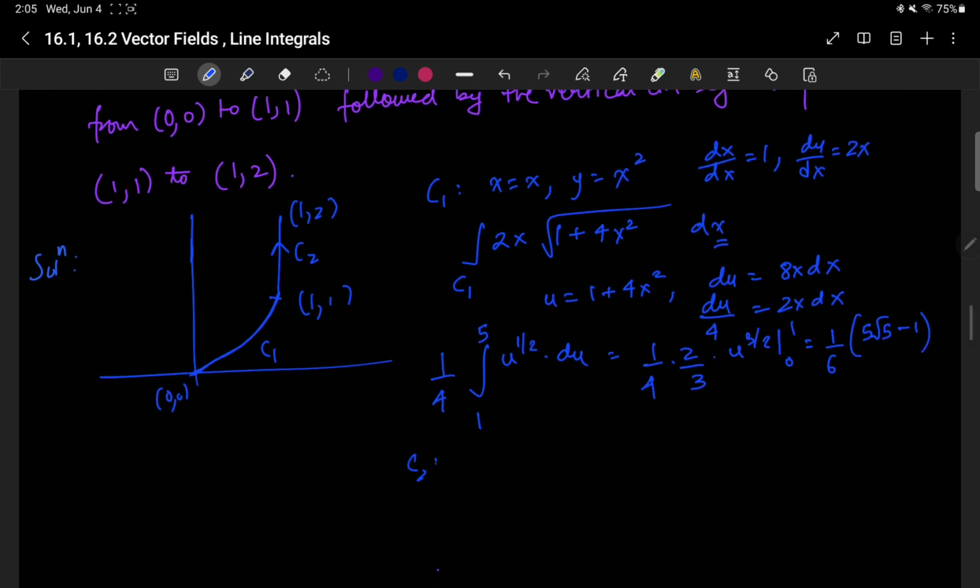And along C2, we have a simpler parametrization. X is 1 and y is y. So dx over dy is 0 in this case, and dy over dy is 1.